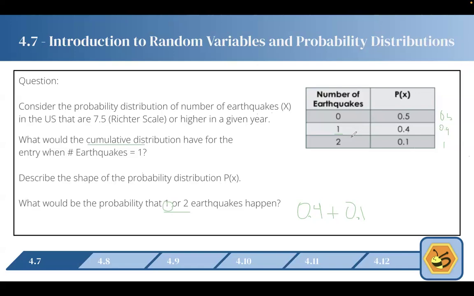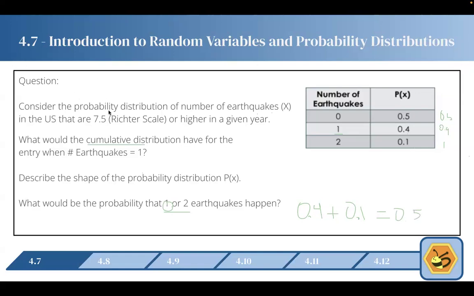No, right? So that means they're what? Disjoint. Absolutely, they're mutually exclusive. You can't have one and two earthquakes, which means that they're disjoint. So the probability at their intersection is 0. So we can say that 0.4 plus 0.1 is 0.5.